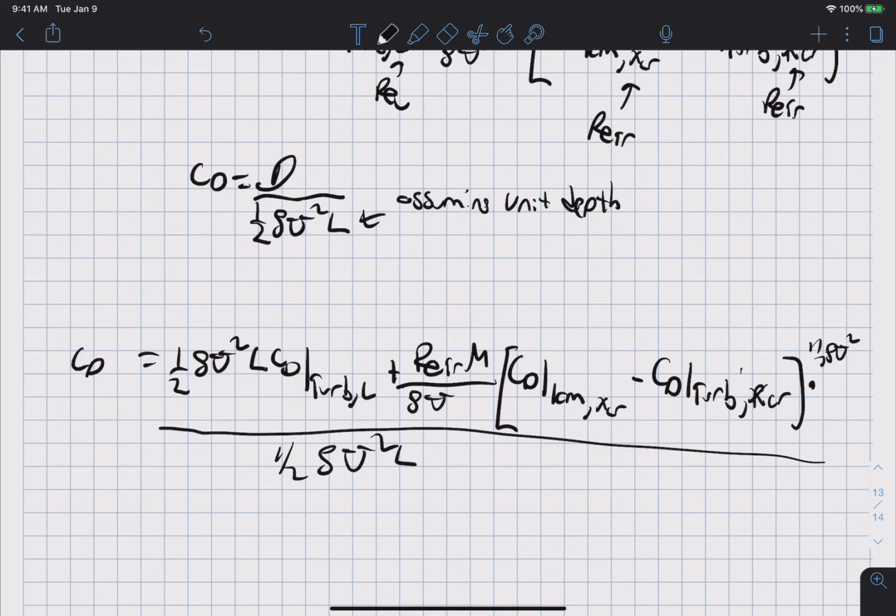Okay, times L. Okay, and so the 1/2 rho U squared here cancels out, and the 1/2 rho U squared here cancels out.